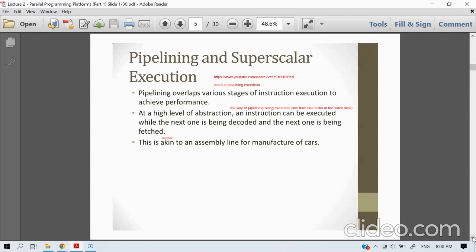Okay, this is similar to an assembly line for manufacturers of cars. If you can imagine how the pipeline is executed, please imagine the manufacturing of cars, whereby to build a car, we need different kinds of operations running at the same time.